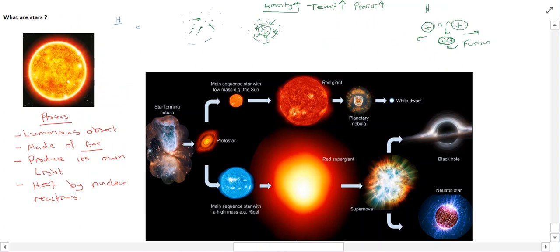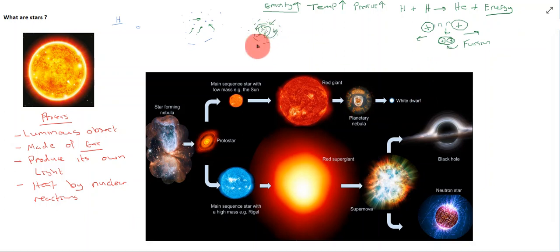Let's say you'll have two hydrogens like so, and then they'll be forced together, and it's actually going to turn into helium. And this process will release a huge amount of energy. A huge amount of energy. And this is what's known as a nuclear fusion reaction.